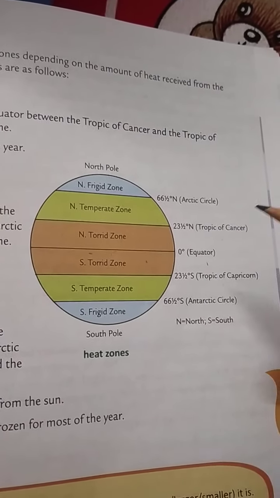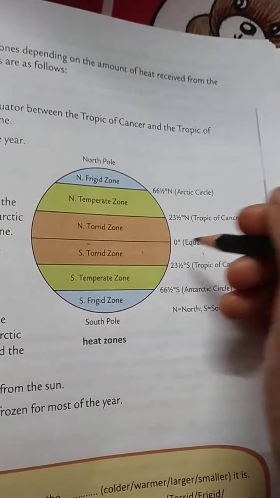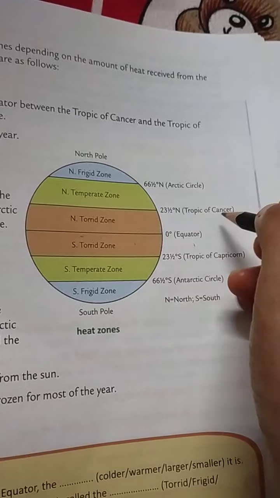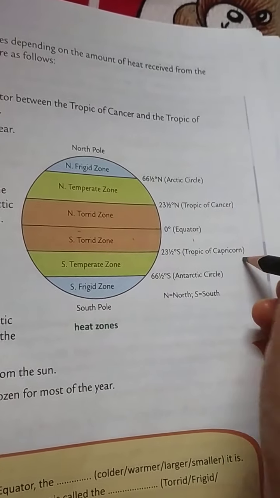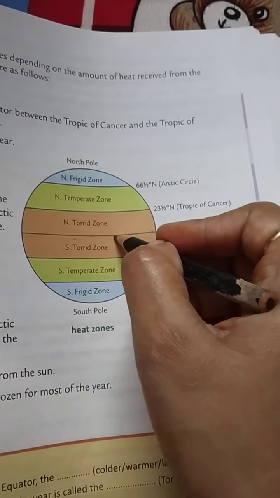Students, first we will study the location of the Equatorial region. The Equatorial region is located in between the Tropic of Cancer and the Tropic of Capricorn, so it is also called the torrid zone.